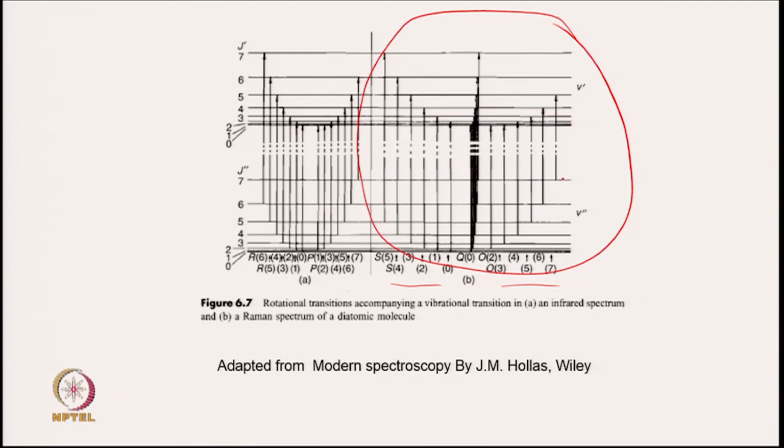Here you are going from 7 to 5, so delta J is minus 2, and in this case you are going from the same place, 7 to 7, so delta J is 0. So delta J equal to 0 corresponds to the Q peak, whereas delta J equal to plus 2 corresponds to S, and delta J equal to minus 2 corresponds to the O peak.